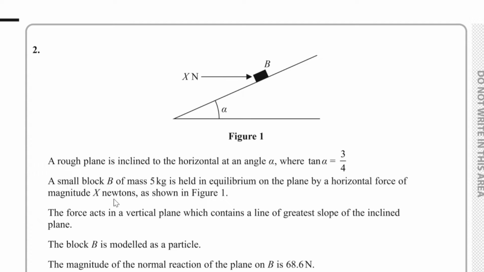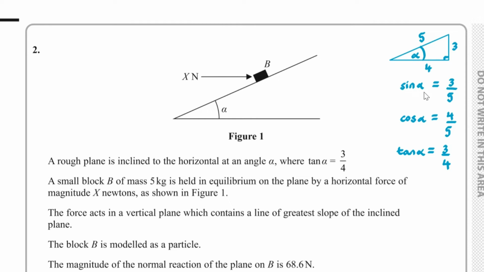Question number 2. A rough plane is inclined to the horizontal at an angle alpha, where tan alpha equals 3/4. And if that's the case, forming a 3-4-5 right-angled triangle, we can see that sine alpha is 3/5, cos alpha is 4/5, and tan alpha is 3/4.